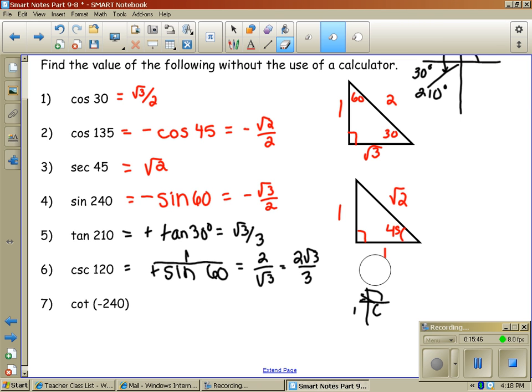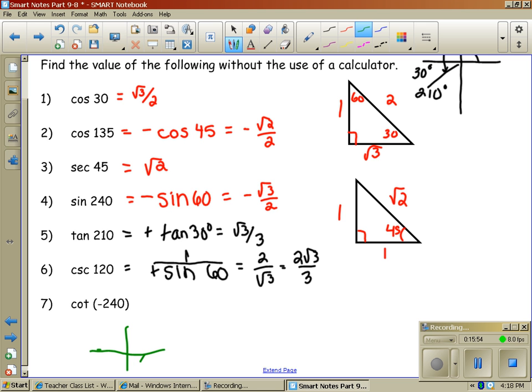Last one. Negative 240. Negative 240. 180. Reference angle 60. Cotangent goes with tangent. So it's the reciprocal of tangent of 60.